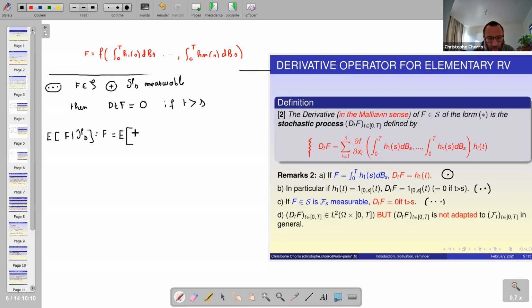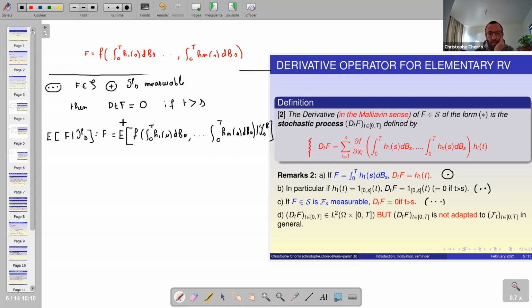So it is the conditional expectation of f of the integral between 0 and capital T of h_1(u) dB_u, until the integral between 0 and capital T of h_n(u) dB_u, given F_s.